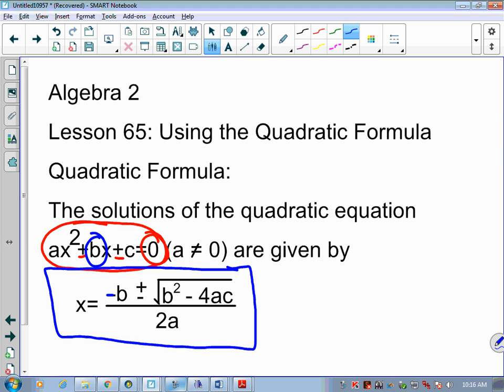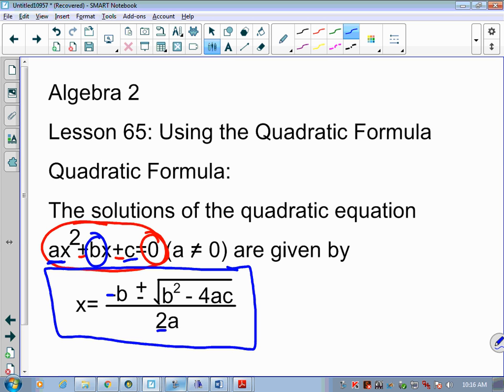I should always get a positive number, in which case it would be 16. Minus 4, that 4 is always there. It's always b squared minus 4 times a. A is whatever that coefficient is, times c, this coefficient here. All of that goes inside the square root, and then we divide it by, that 2 is always there, divide it by 2 times a.